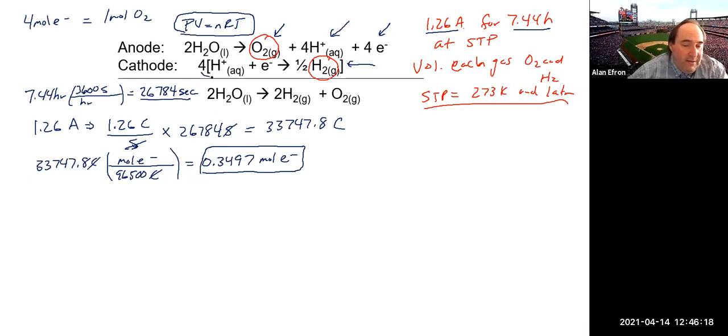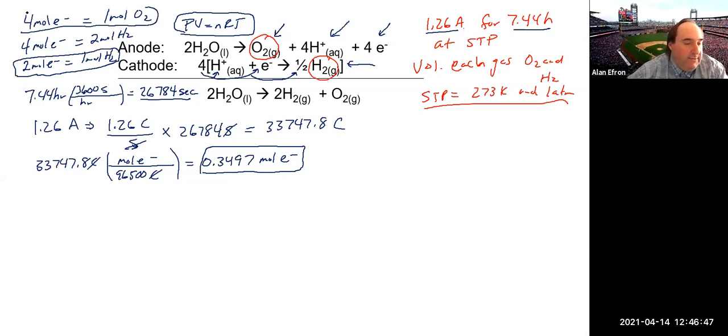So if we distribute the 4 to everybody in there, we get a relationship that there is 4 moles of electrons for every 2 moles of H2. That is the same as 2 moles of electrons for every 1 mole of H2. You can use either one. They obviously will come out the same, but we'll just go with this one. Any questions on how I got those relationships there?